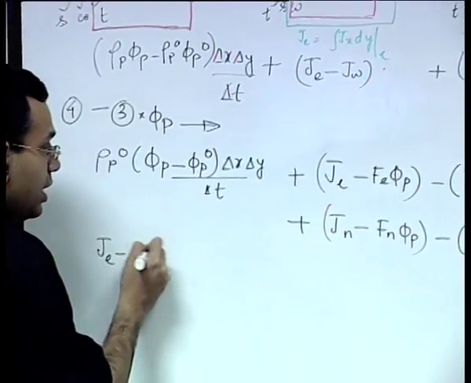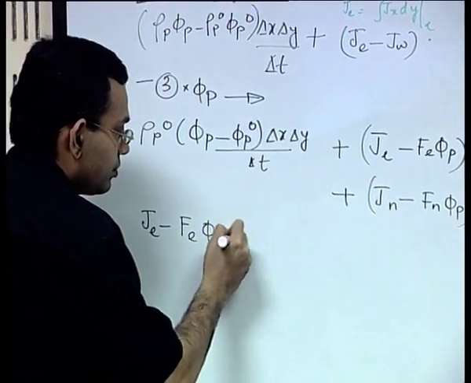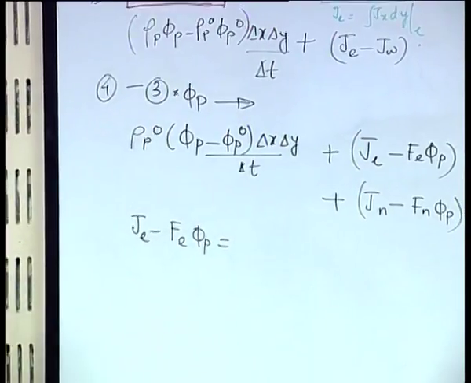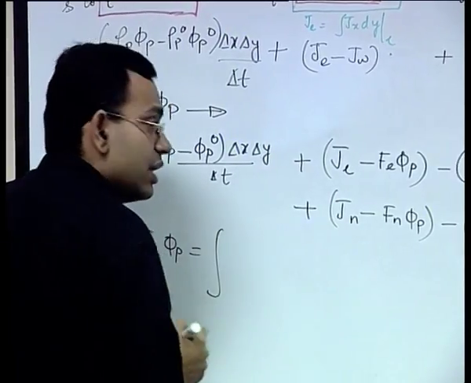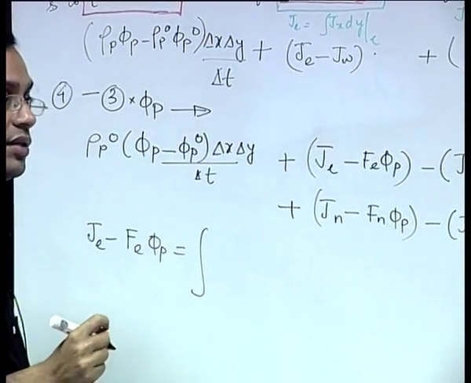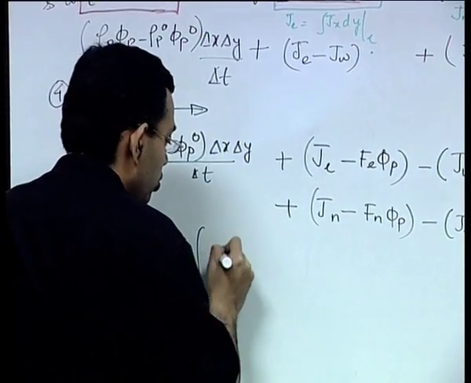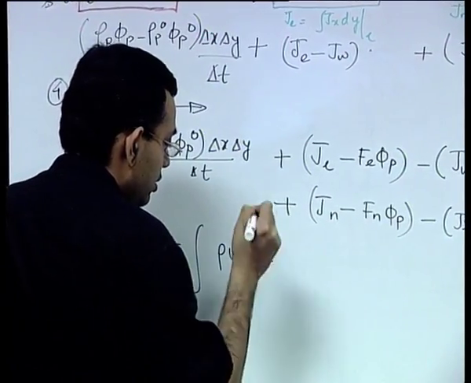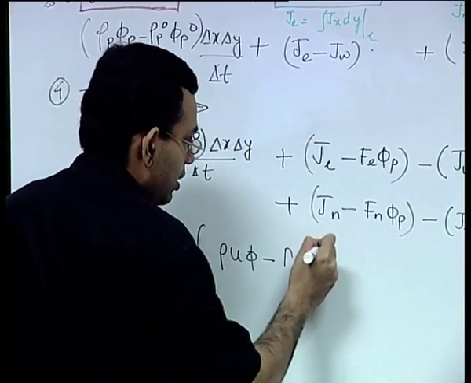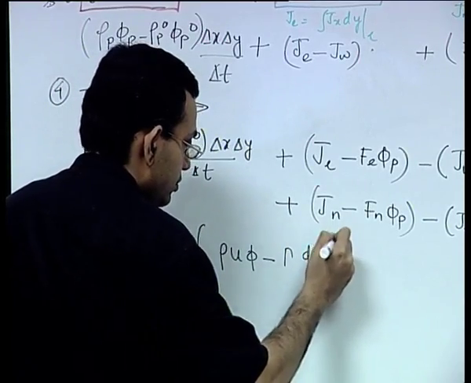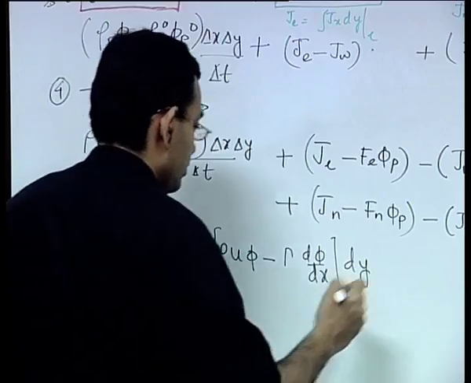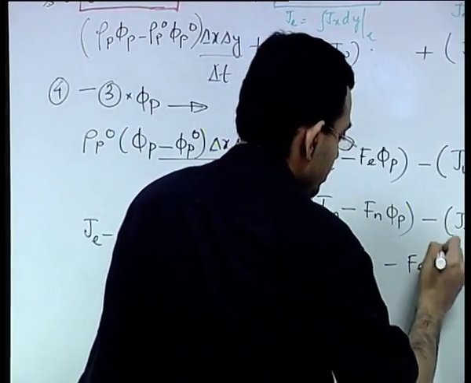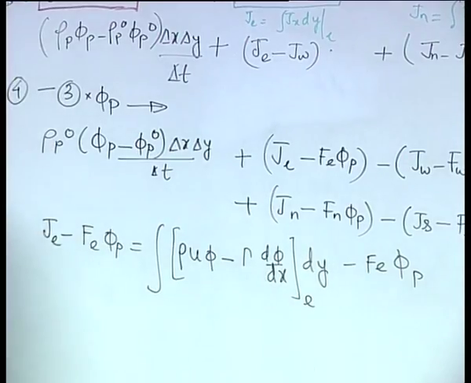So, Je minus Fe phi P. Je is the integral Jx dy at E. So, rho u phi minus gamma d phi dx, minus Fe phi P.